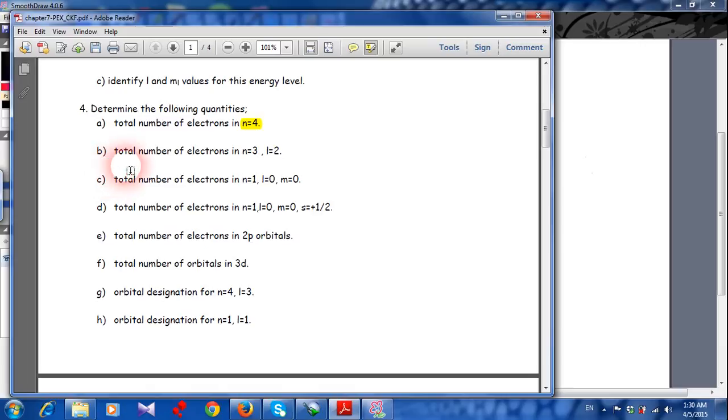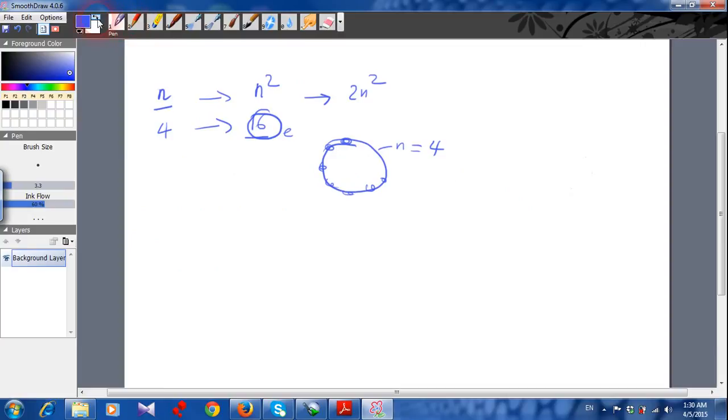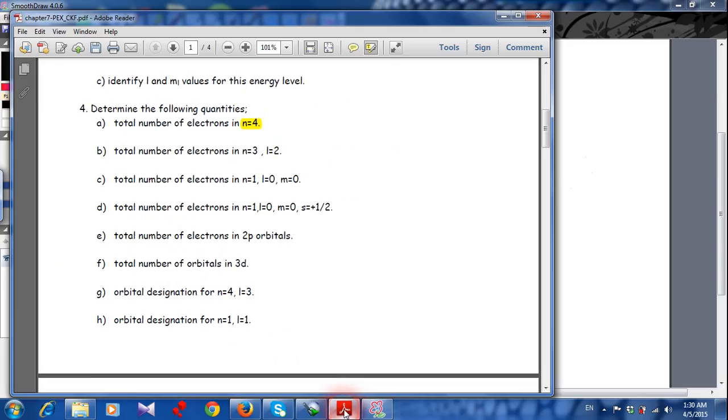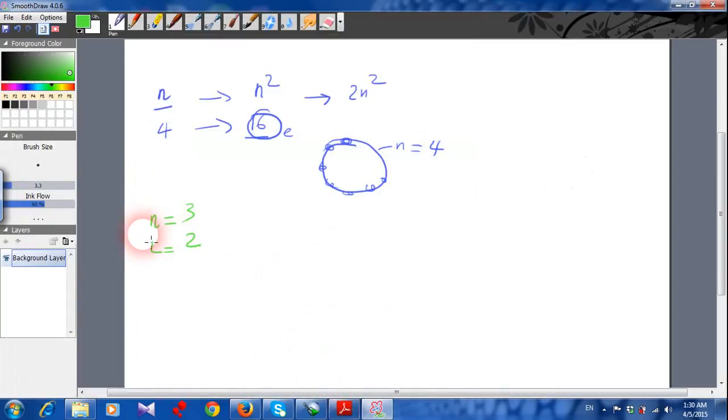Question B. The total number of electrons in n equals 3 and l equals 2. So we begin from n. n is equal to 3 and l is 2. With l equal to 2, we know that l is the pathway of electrons in an atom, and it stands for the d block.